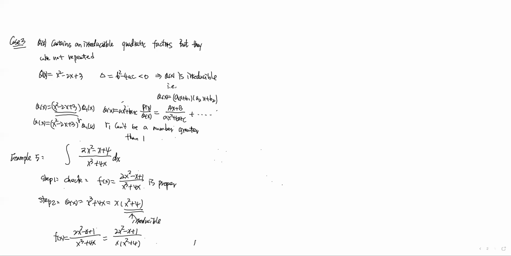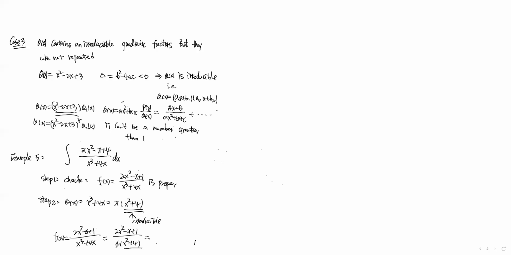I don't require you to remember all the abstract formulas, but you have to learn everything by examples. If you can do examples, I think you can do every problem. Look at the following example, like step 2 here. It contains x and x squared plus 4.